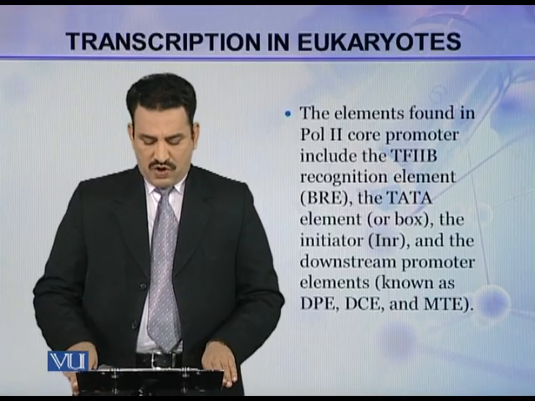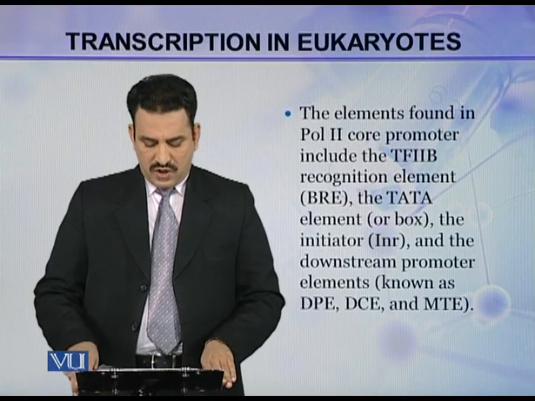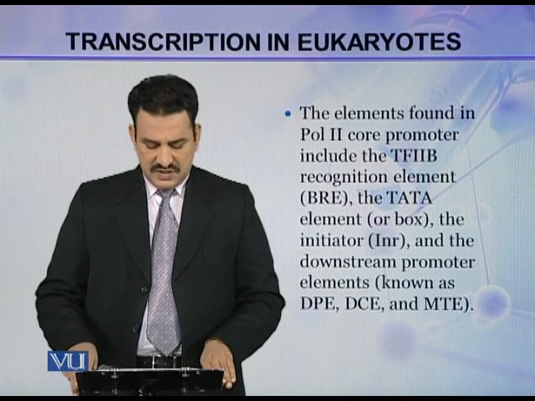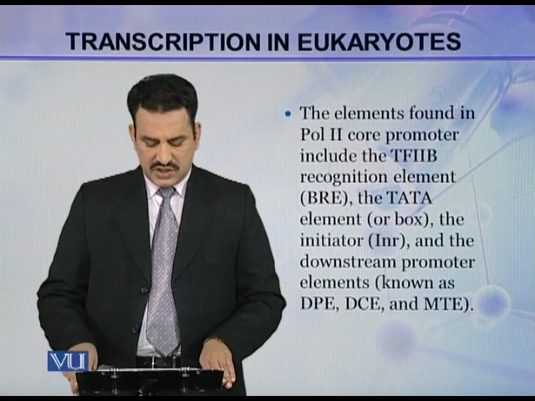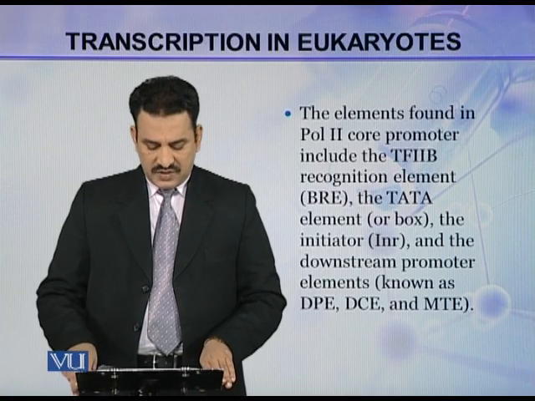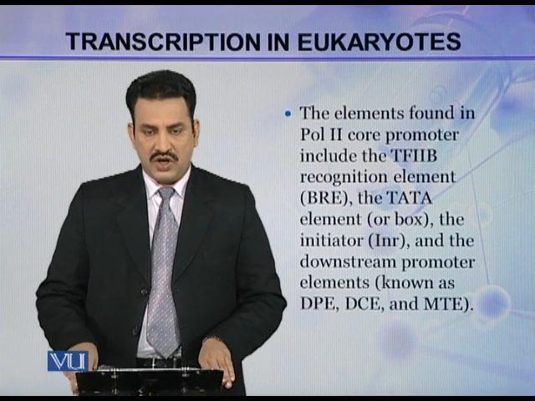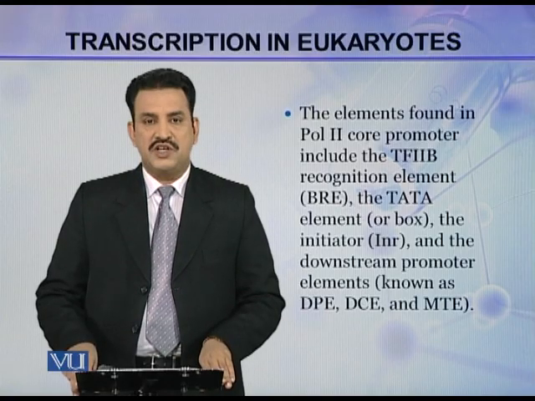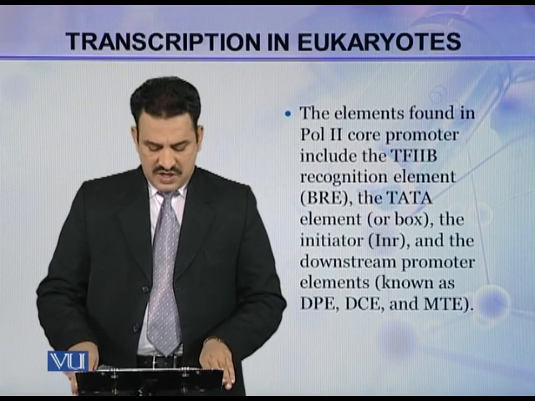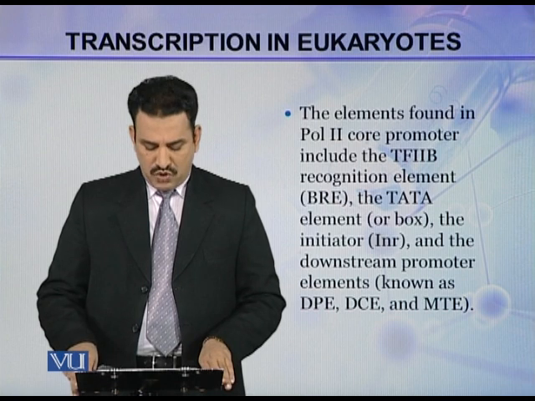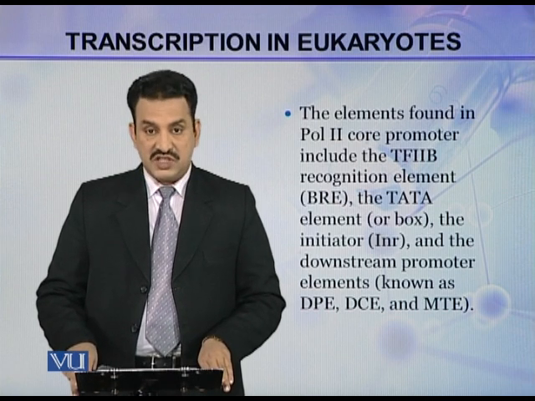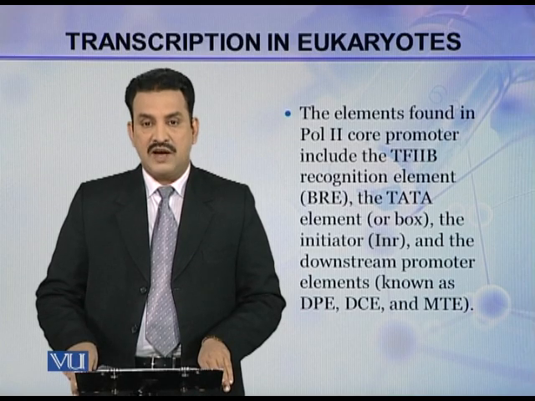The elements found in the POL2 core promoter include the TFIIB recognition element, that is BRE, the TATA element or TATA box, the initiator INR, and the downstream promoter elements known as DPE, DCE, and MTE.